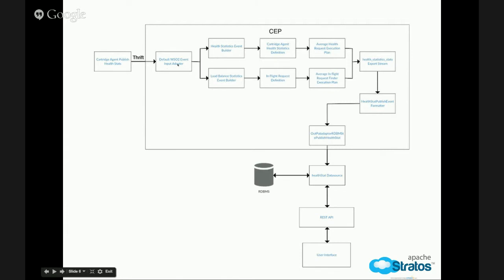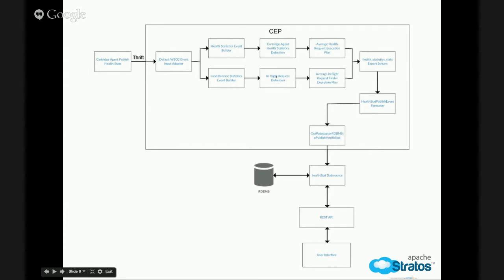Then it will pass the data to the two event builders named health statistics event builder and the load balance statistic event builder. After that, using those event builders, two input stream definitions will be created. The names are cartridge agent health statistics definition, and the other one is in-flight request definition.